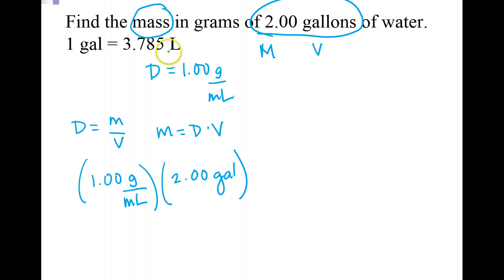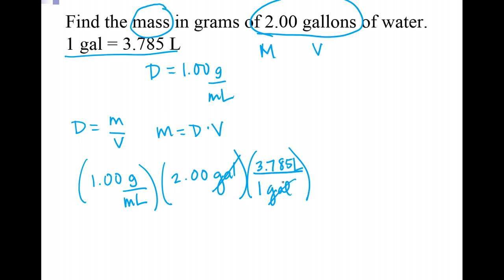I'm going to make use of this conversion factor. 1 gallon is 3.785 liters, placing 1 gallon on the bottom so that it will cross out. At this point, gallons will go away, and I would have grams times liters over milliliters. Now when you're looking for mass, an appropriate mass unit would be grams.